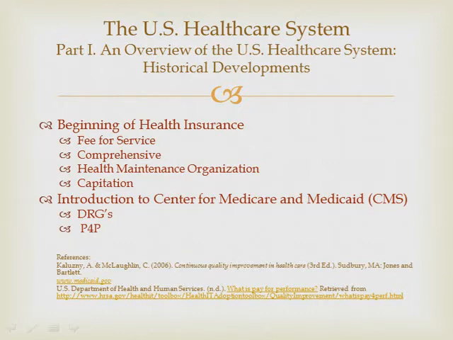The introduction of CMS, or Centers for Medicare and Medicaid Services, a branch of the Department of Health and Human Services, is an example of the government initiative to decrease medical care cost.